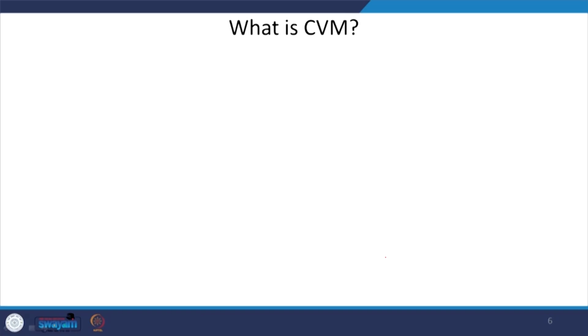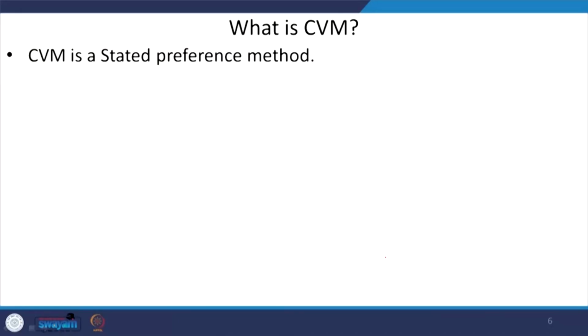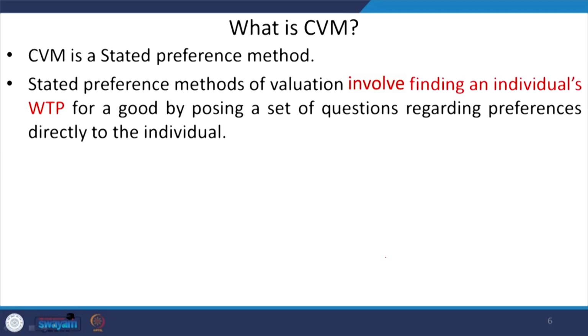In this respect we will now highlight what exactly is the CVM method, because that is the focus of our discussion. Obviously this CVM is a stated preference method. It is characterized as a family member of the stated preference approach. In stated preference methods of valuation, we find an individual's willingness to pay for a good by posing a set of questions.